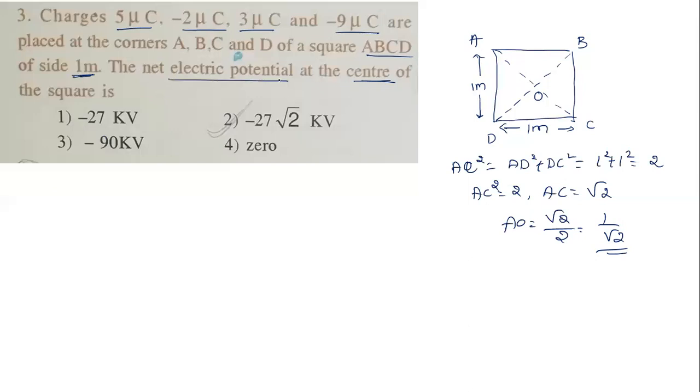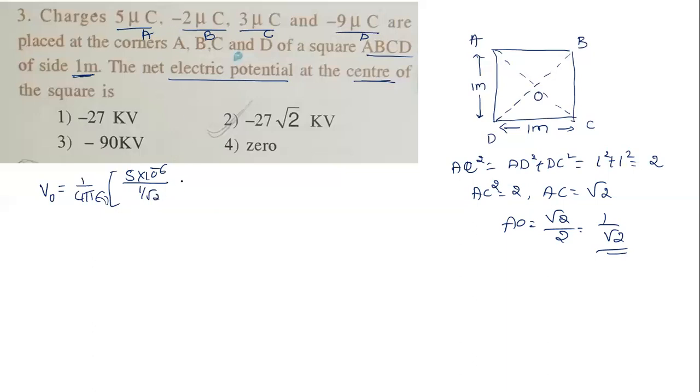Potential is what type of quantity? Scalar quantity. We need to add up the potential at O due to each charge. 1 by 4 pi epsilon is common, right? First is 5 microcoulomb: 5 into 10 power minus 6 divided by the distance from corner A, which is 1 by √2.